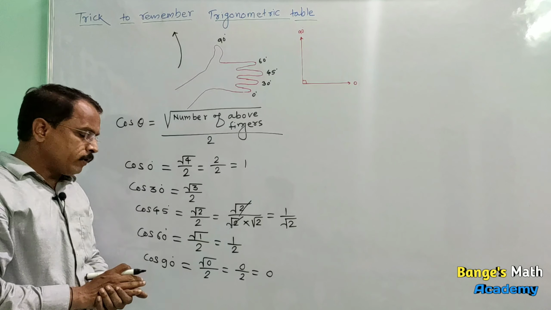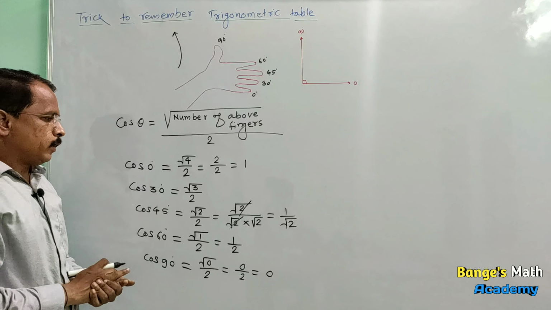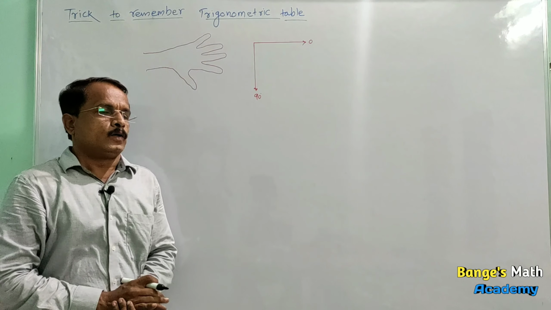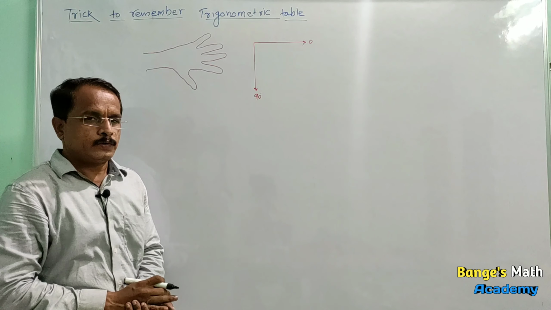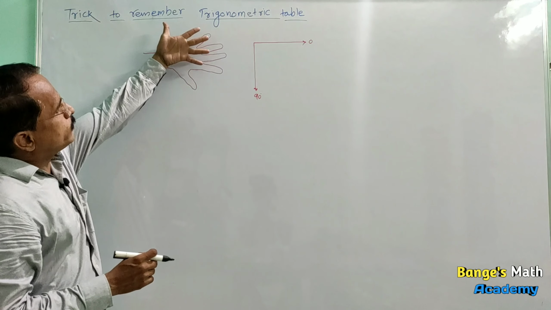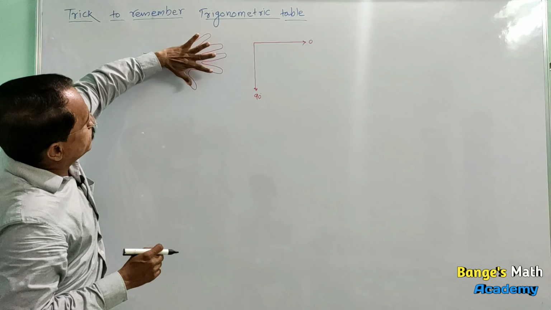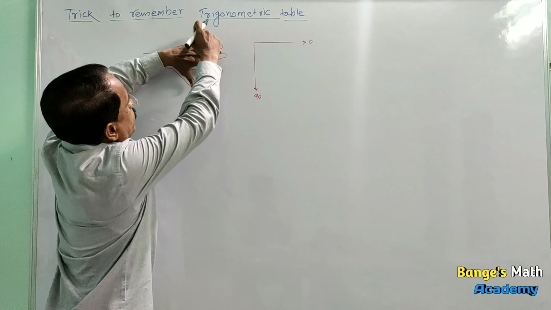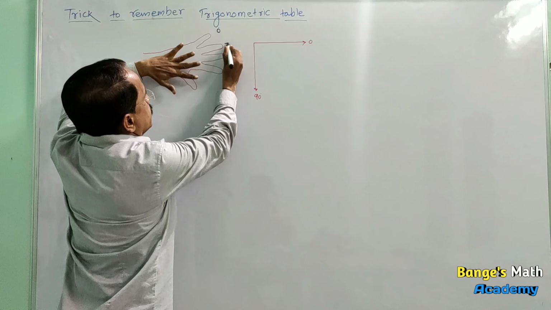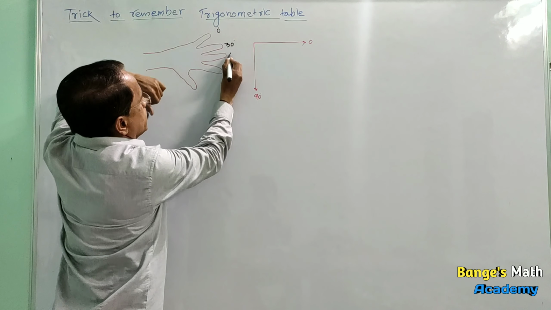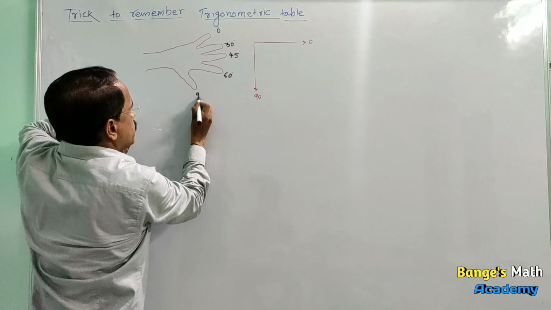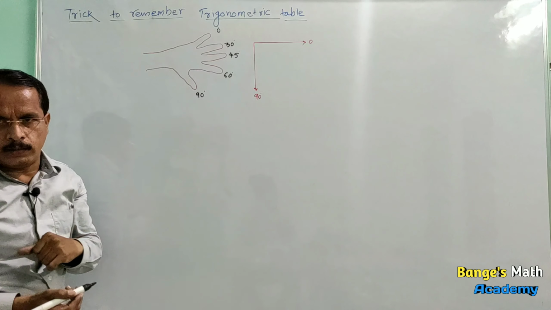So to find the values of sec theta, take multiplicative inverse of cos theta. Say, to find the value of tan theta, change the position of your left hand like this, and starting from small finger 0 degree, 30 degree, 45 degree, 60 degree and 90 degree.